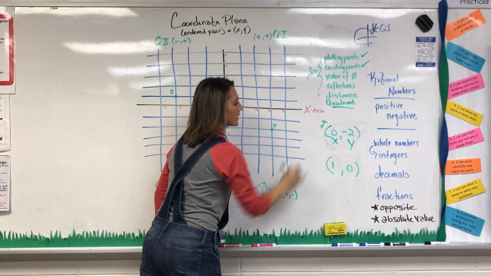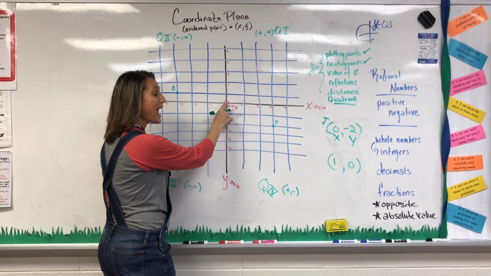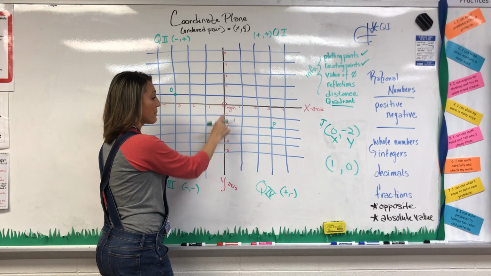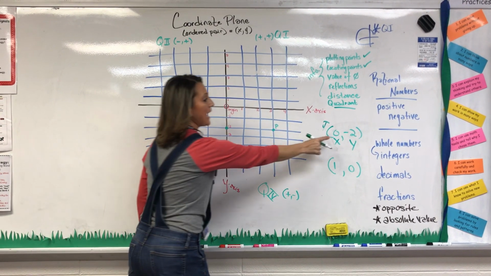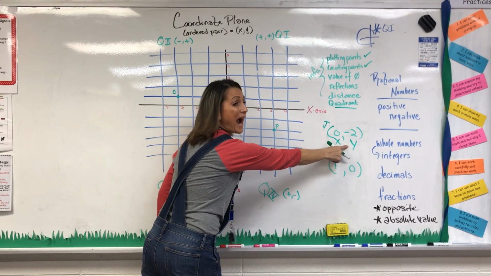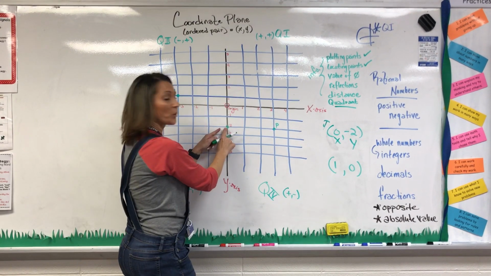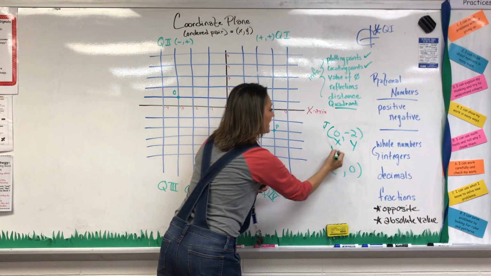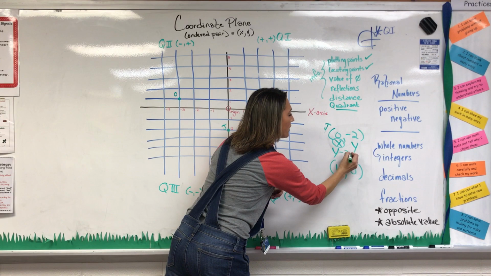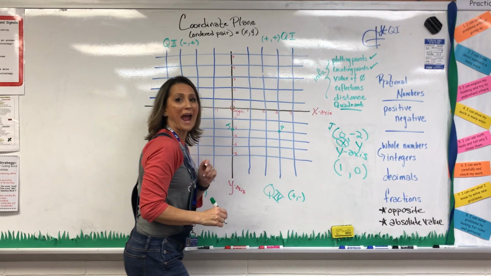That's kind of bad, J, but there you go. J for Jen. My X didn't go anywhere. My Y is the only thing that moved. And so when you look at this, X was 0. Y is the only thing that moved. Look where your point J is at. It's on the Y axis. So if X is 0, your point ends on the Y axis.